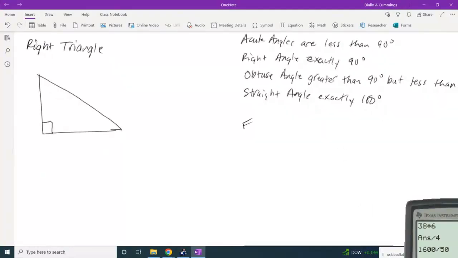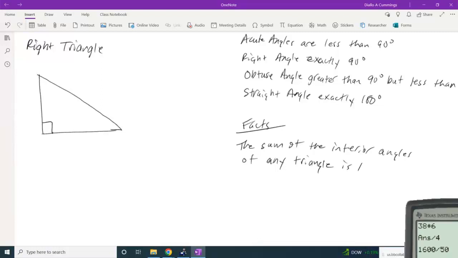Here are some triangle facts. The sum of the interior angles of any triangle, not necessarily a right triangle, but any triangle, is 180 degrees. So that means if you were to add up all 3 of the angles of any triangle, they should always sum up to give you 180 degrees. Okay, that's just a fact about any triangle.